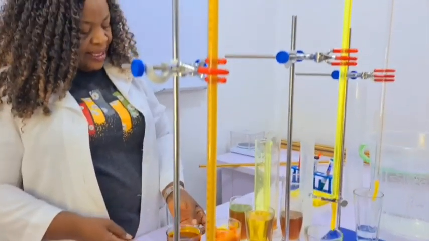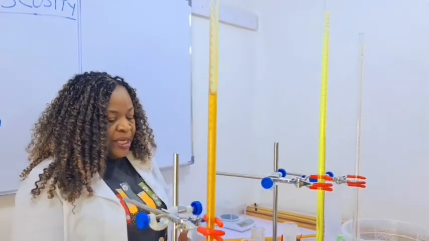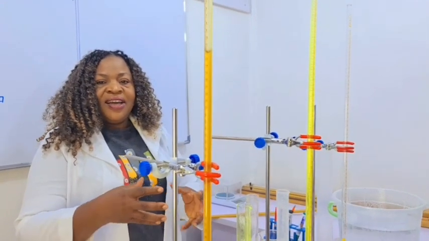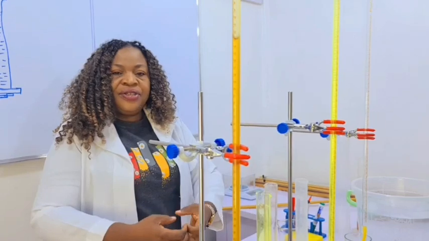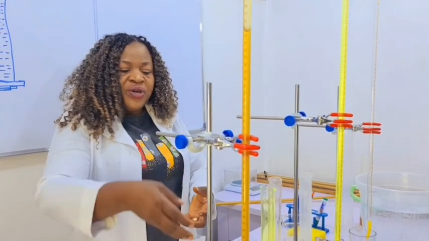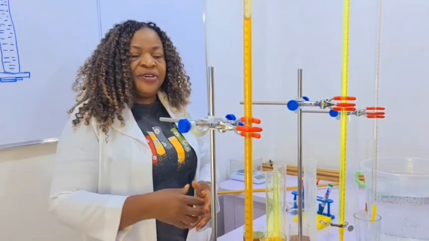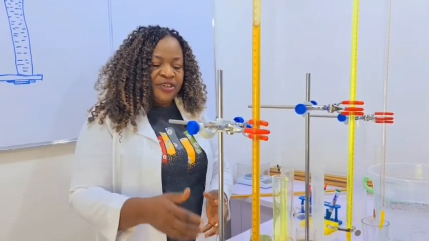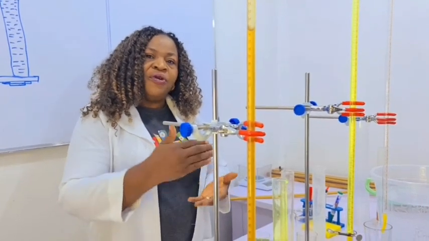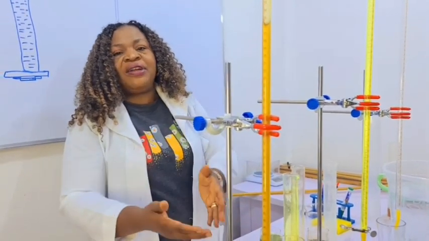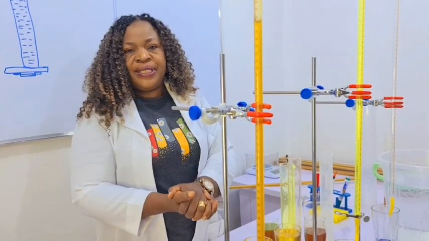Why is this happening? Now, you notice that the molecules of the liquids, there is an interior friction within the molecules of the liquid. There is an interior friction, and this interior friction is opposing the movement of one molecule over the layer of another molecule, and this is what we call viscosity.